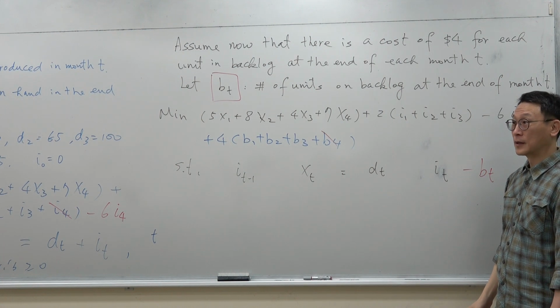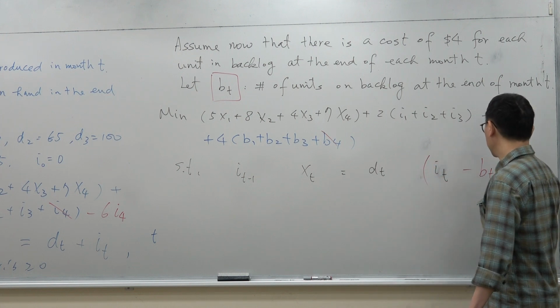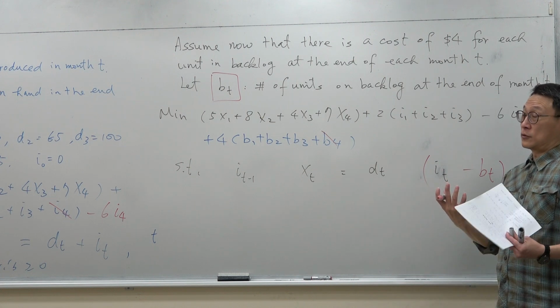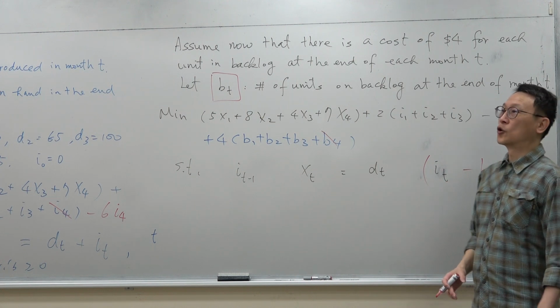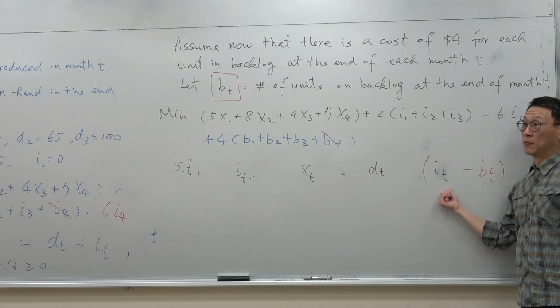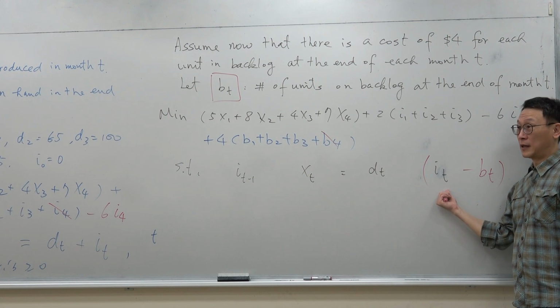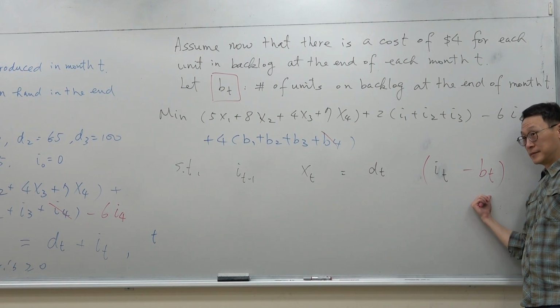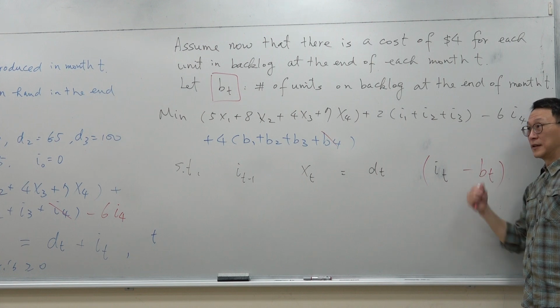Okay? So actually you can put these two together. My production units could become inventory if I produce more than our demand. If I produce less than our demand, it will become backlog to fill later. Okay?